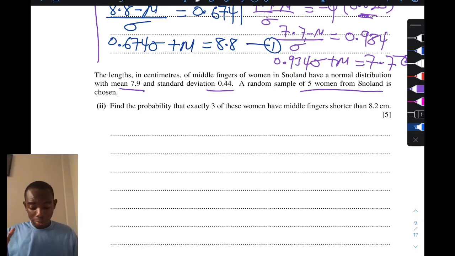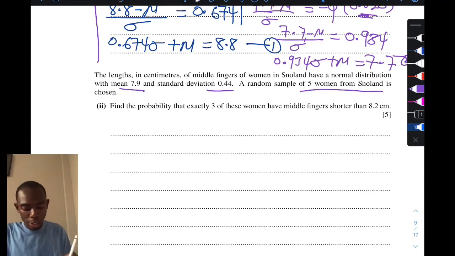Because they are saying find the probability that exactly 3 will have the middle finger shorter. Now, you see, the distributions in S1: geometric, binomial, basically that's it, and then the normal distribution. And we know geometric is supposed to be some number of failures before you get your first success, and that's not what the story is about. Therefore, it's a binomial distribution.